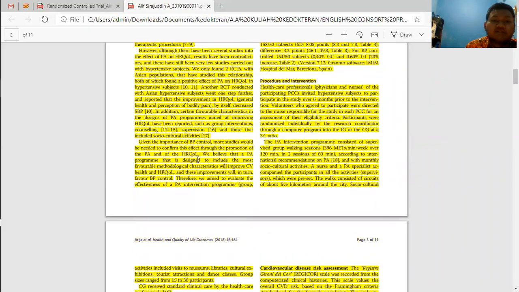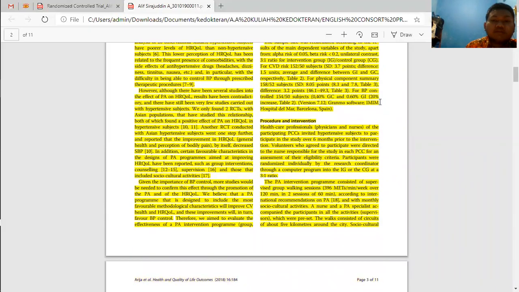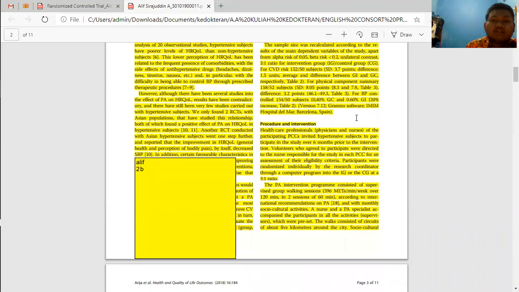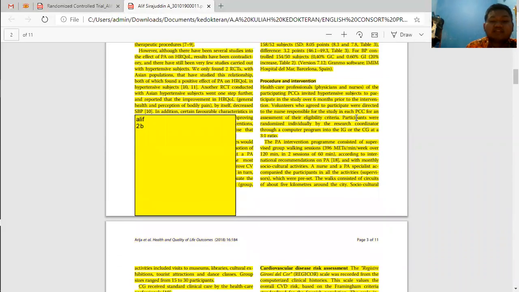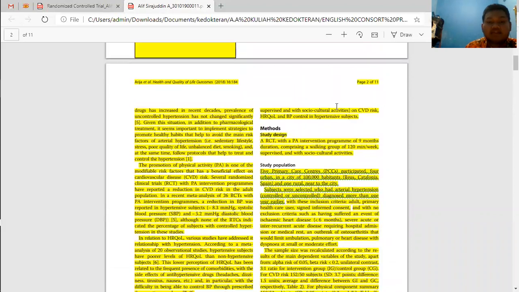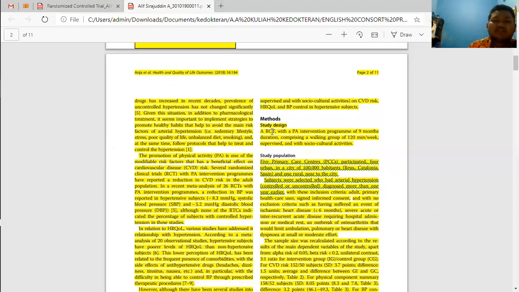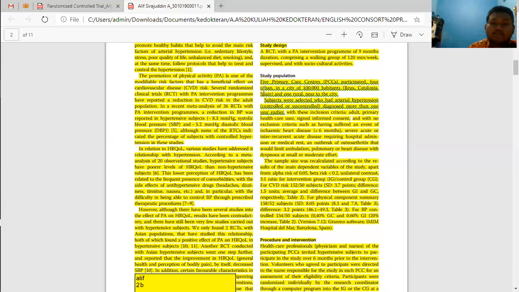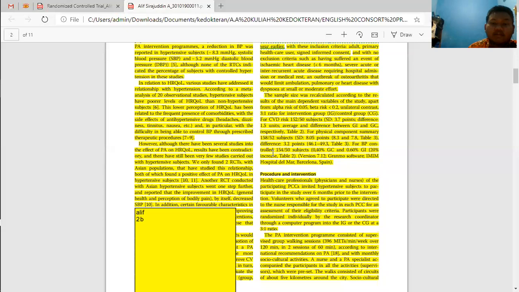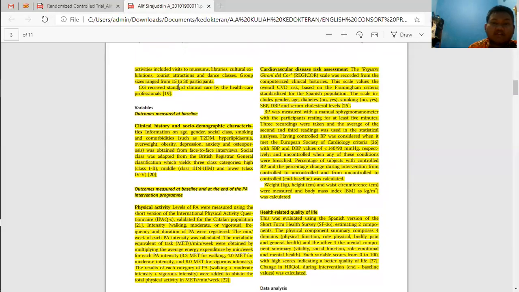And in the last one, it includes 2B, that's the specific objective or hypothesis. Right, and then the next one is the methods. It's the study design or trial design. It includes 3A, just the description of the trial design. And that's the study population.